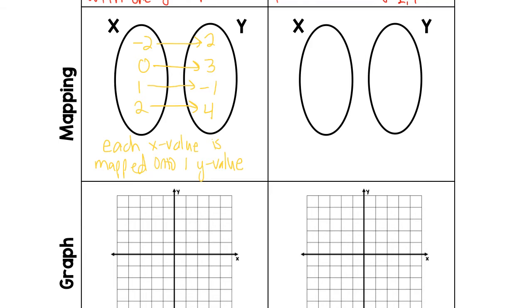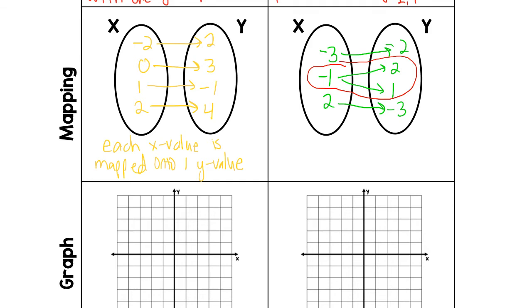Let's try another set of points. Say our domain's -3, -1, and 2, and the range is -2, 2, 1, -3. We'll have arrows. -3 goes to -2, -1 goes to 2, -1 goes to 1, and 2 goes to -3. This is not a function, and it's because of this right here.